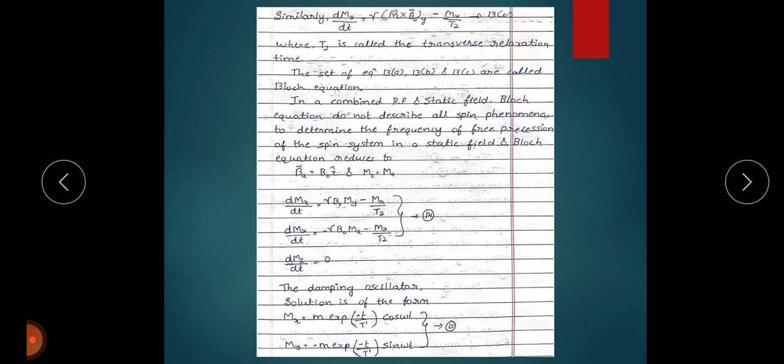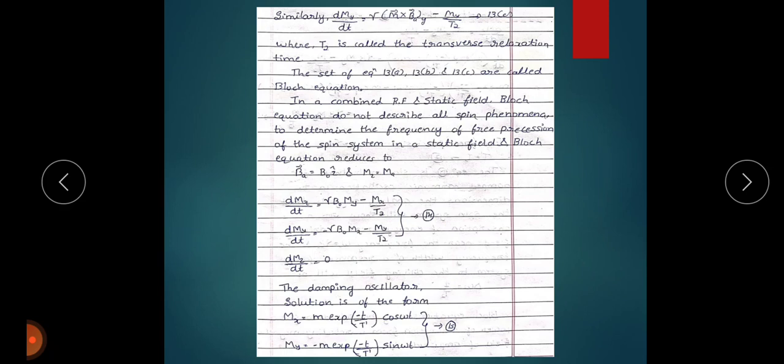They give the rate of change of magnetization along the x, y, z coordinates with the relaxation times T1 and T2, where T1 is the longitudinal relaxation time corresponding to the z coordinate, dMz/dt. In the x and y coordinates, only the transverse relaxation time T2 is present.